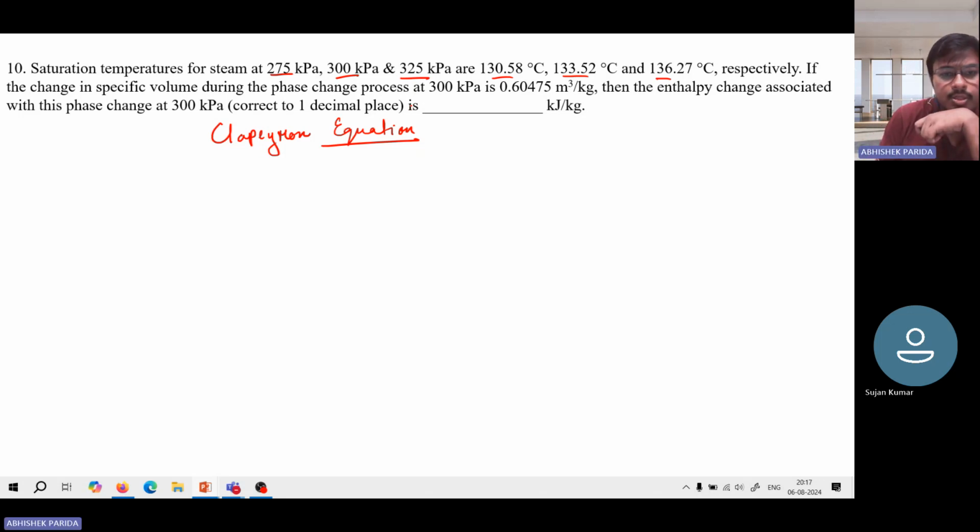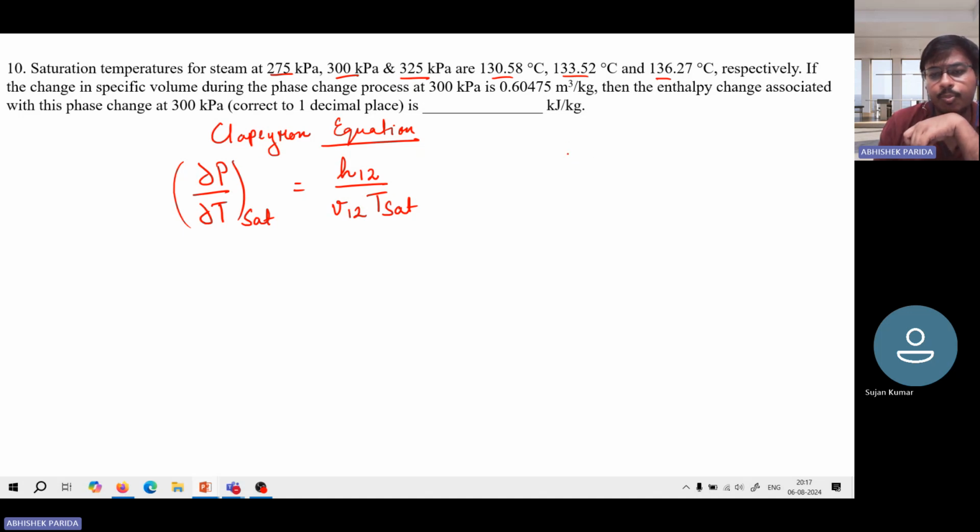So what is the Clapeyron equation? ∂P/∂T at saturation is equal to h12 by (v12 times T saturation). Now we have been given 3 points: state point 1, state point 2, state point 3. At state point 1, the P saturation is 275 kilopascal.